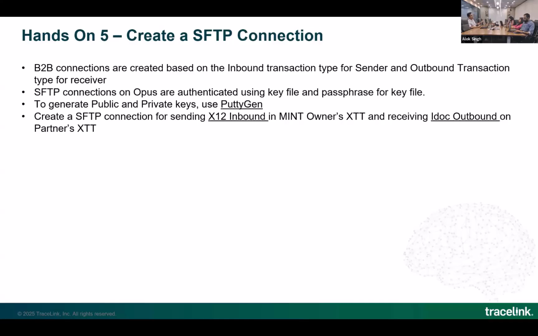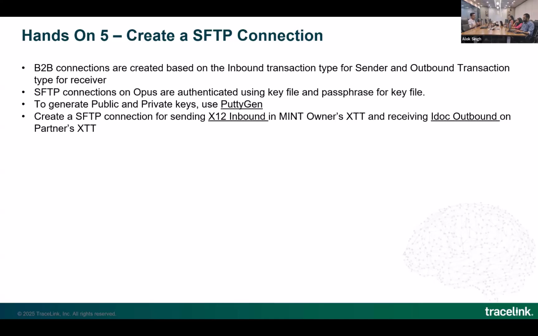Then we created a B2B connection, and for our hands-on, we are working to create a B2B SFTP connection. These SFTP connections are applicable on both sides, on sender and receiver side.